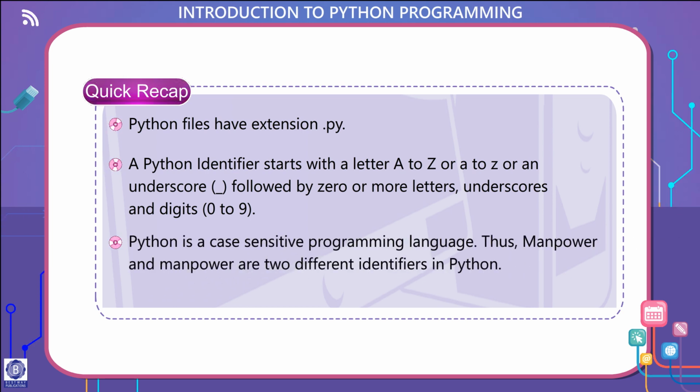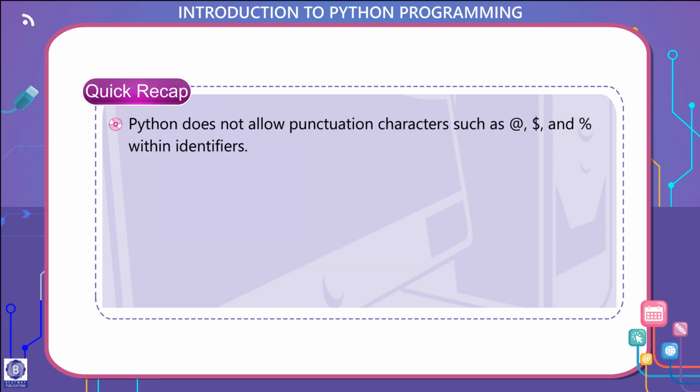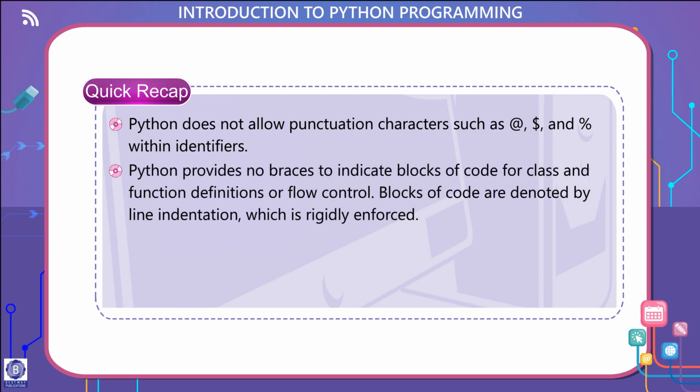Python is a case-sensitive programming language. Thus, Manpower and manpower are two different identifiers in Python. Python does not allow punctuation characters such as @, $, and % within identifiers. Python provides no braces to indicate blocks of code for class and function definitions or flow control.